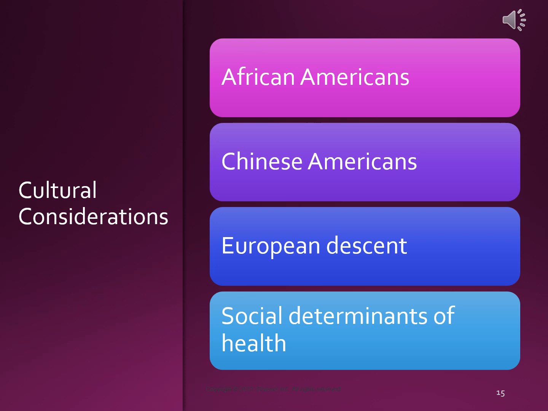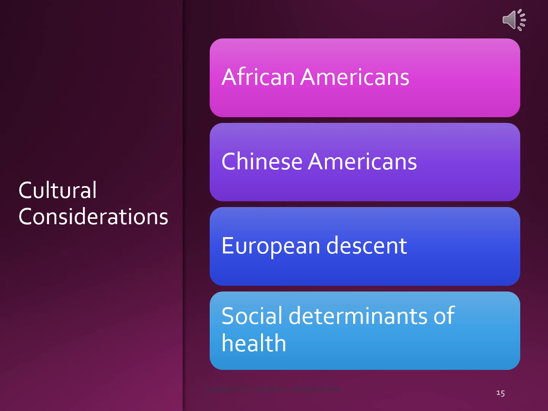So there are a lot of different cultural considerations here. African Americans tend to have a higher incidence of hypertension than any other minority groups, and also higher than whites. They are 3 to 4 times more likely to develop renal failure from that hypertension. And the most likely cause here is increased renin activity.